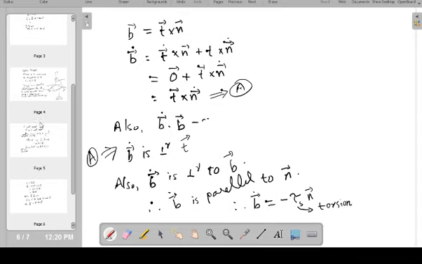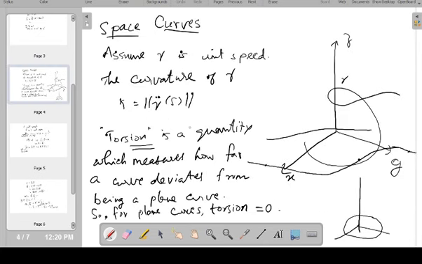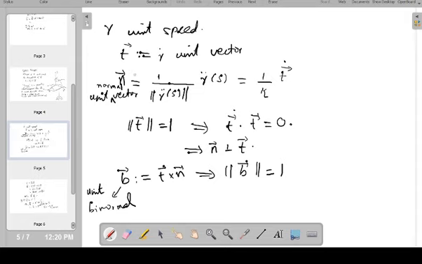Remember where we started. We started with gamma as a unit speed curve and N equal to 1 by norm of gamma double dot of s. So to make sense, this must be non-zero. This is precisely curvature. So all this discussion is valid when the curvature is non-zero.